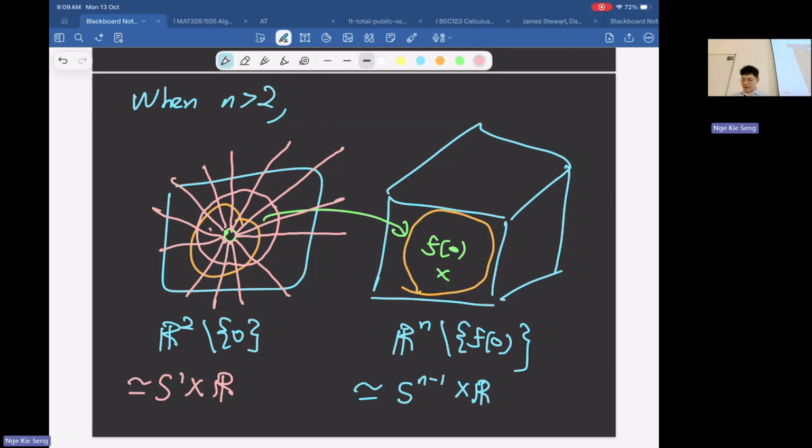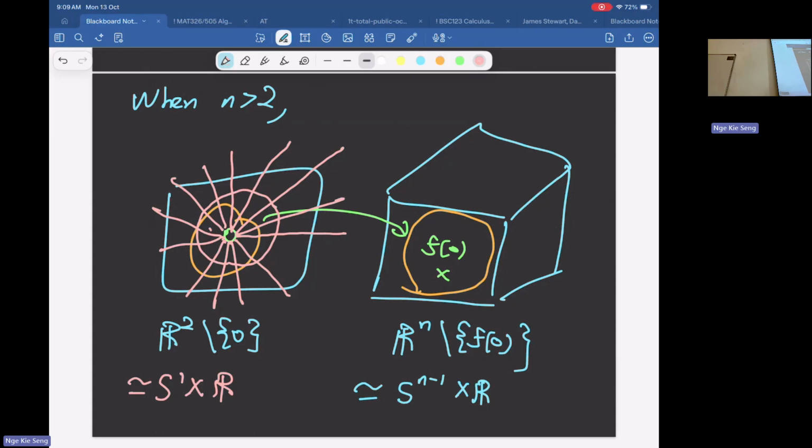Another way to think about this: imagine this is R^n, but let's say I pop a point here.